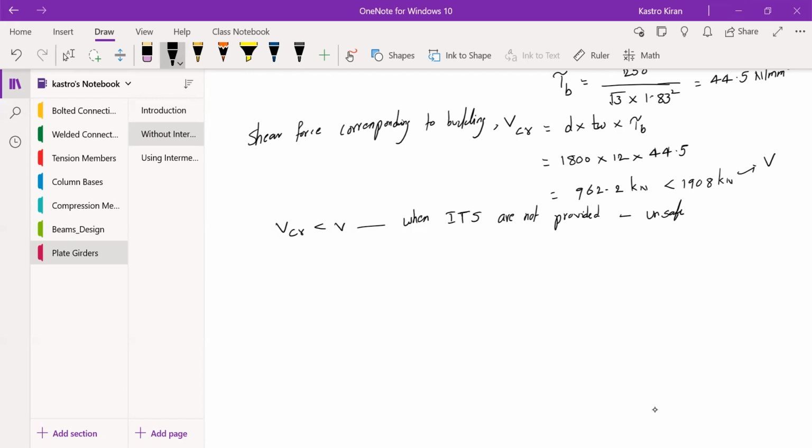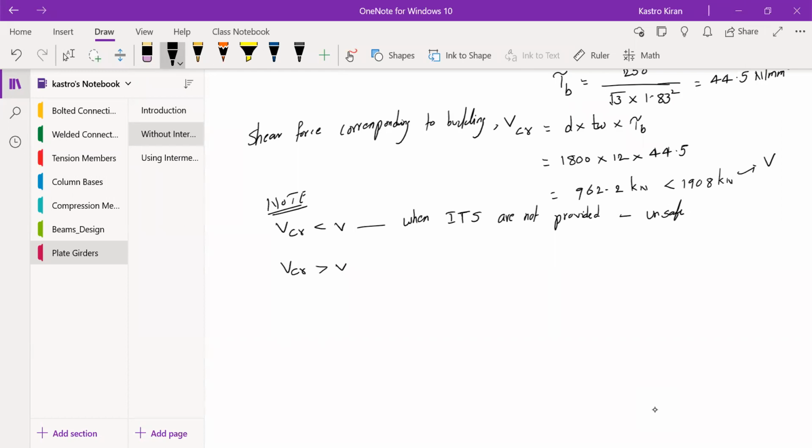You can make it as a note. So when VCR is less than V, that is, when intermediate transverse stiffeners are not provided, it is considered an unsafe section.